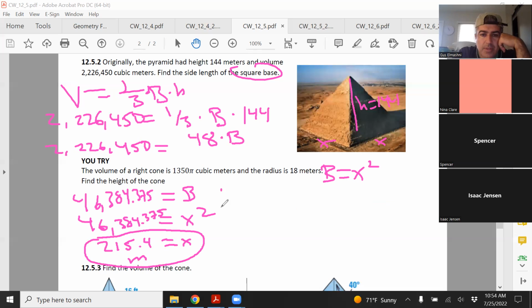Okay, so why don't you guys try to figure out the next one here. So you have a cone. Volume of the cone is 1350 pi.